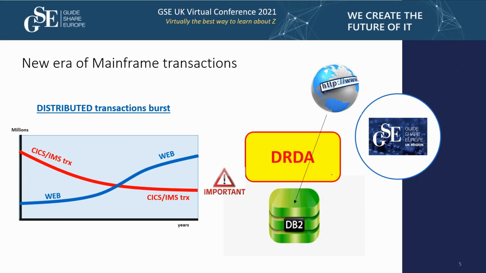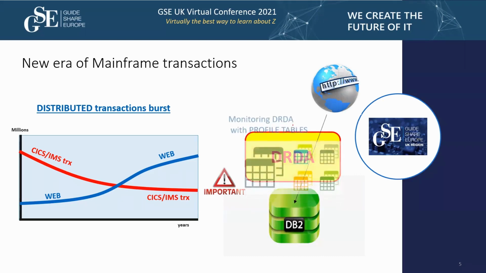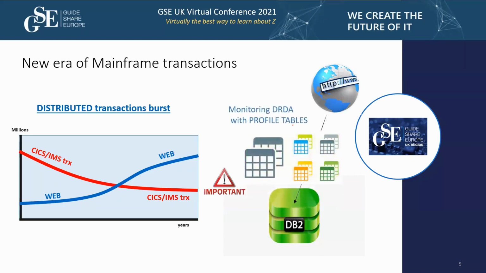And Db2 profiles can help with that, as they can monitor threads and connections at the application level. So we can use Db2 profiles to help with this monitoring and guarantee enough stability to our DRDA.